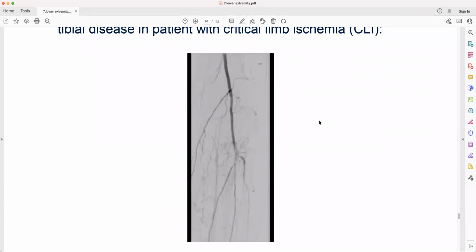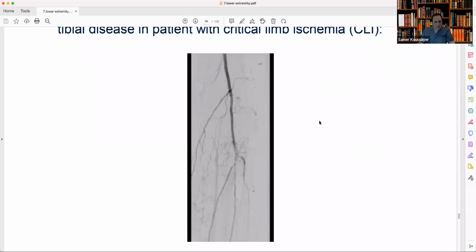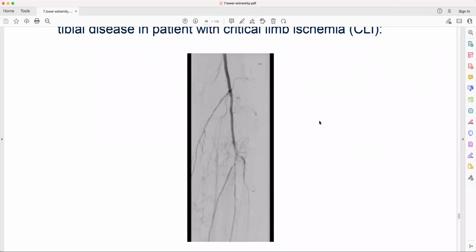If you get this one, in real life, I will try to cross the tibio-peroneal trunk. I saw good peroneal, good posterior tibial. Maybe we can balloon both, and we give the patient the best of what we can. And do balloon angioplasty most probably.